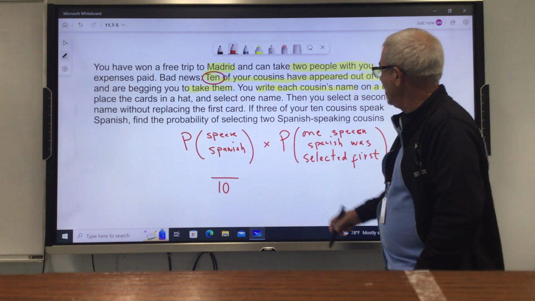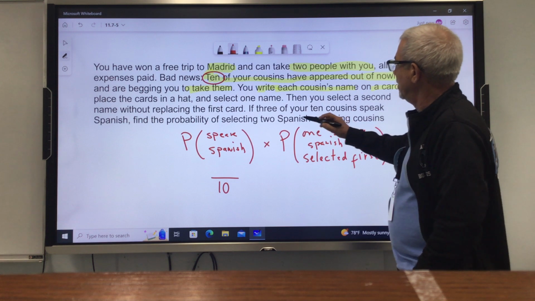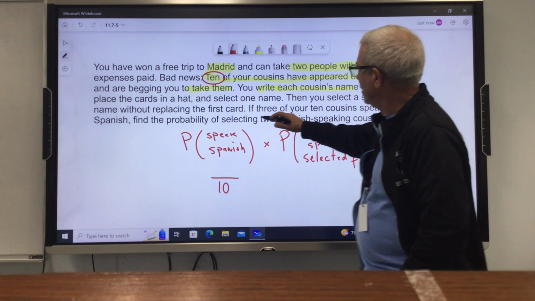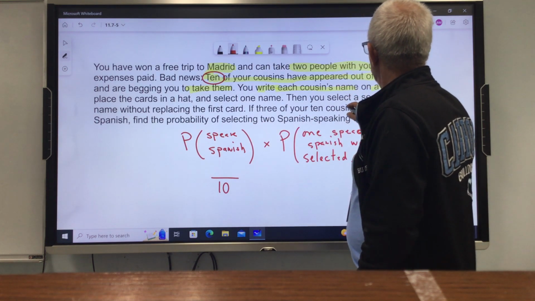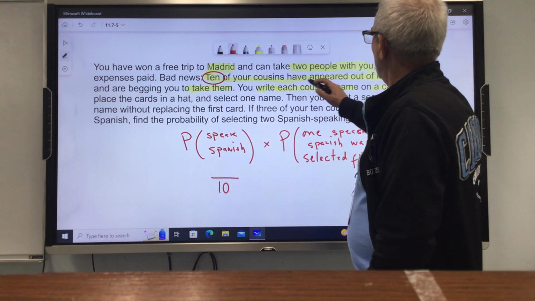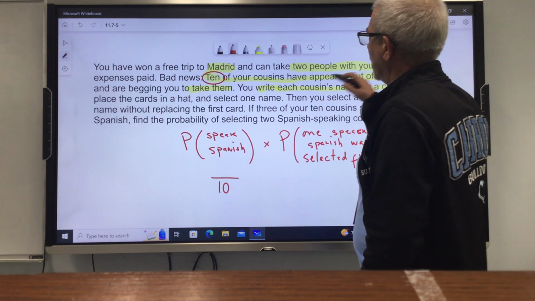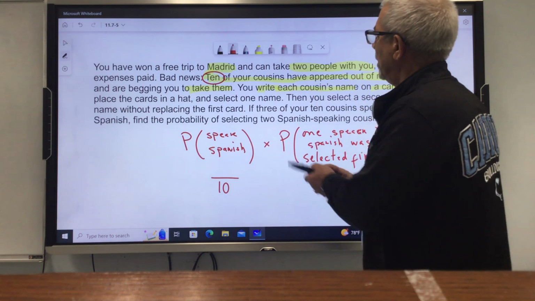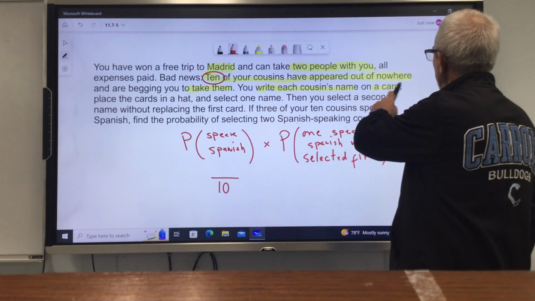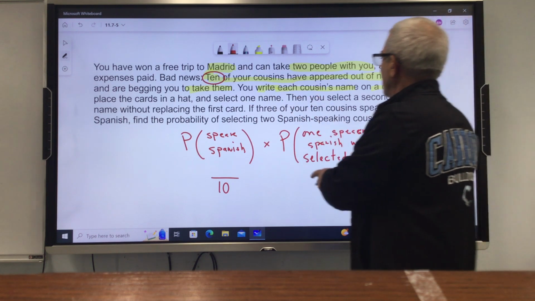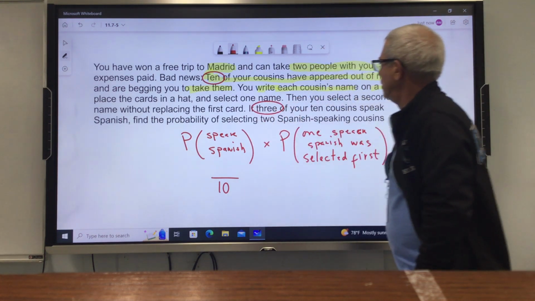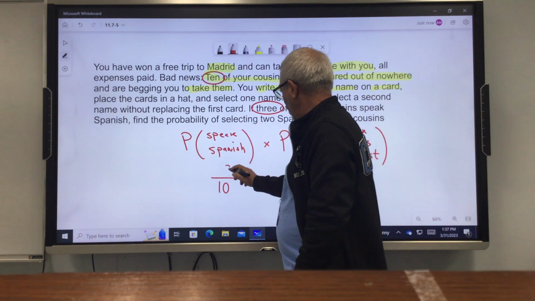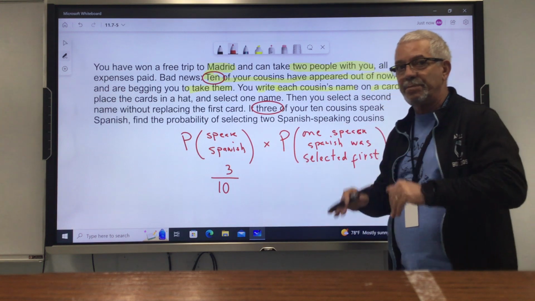And from that 10, how many speak Spanish? 3 speak Spanish. Then the probability that I select one who speaks Spanish will be 3 over 10, because from 10, 3 speak Spanish.